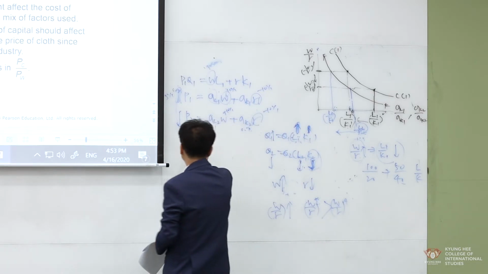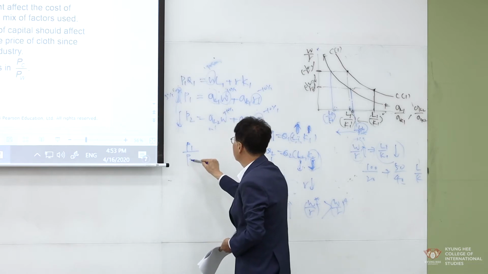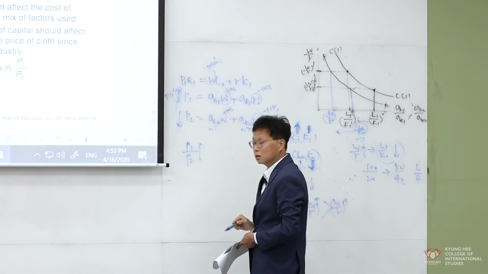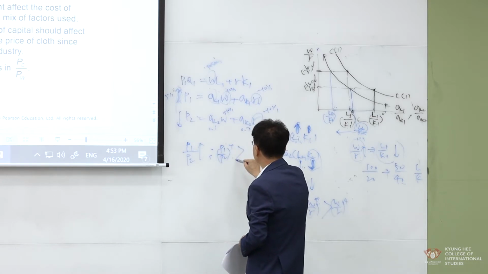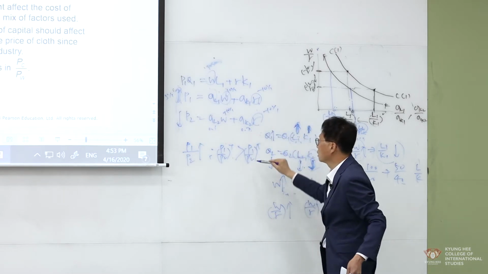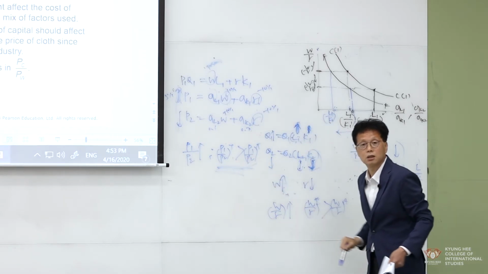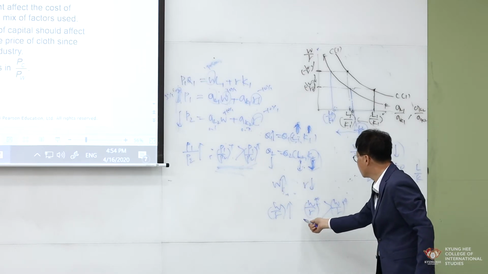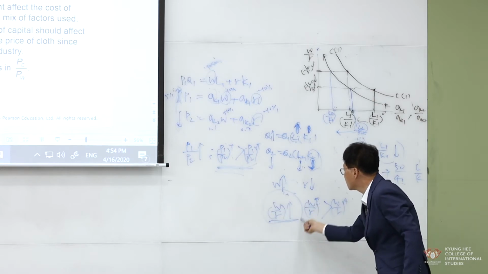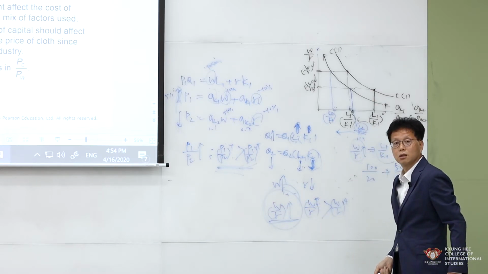In other words, P1 over P2 increases. More exactly, P1 over P2 after trade is higher than P1 over P2 at autarky. This condition is satisfied. Why does that happen? Now think about the relative wage rate increasing.